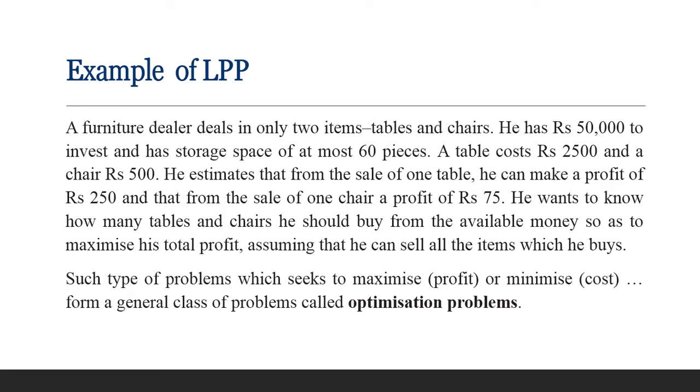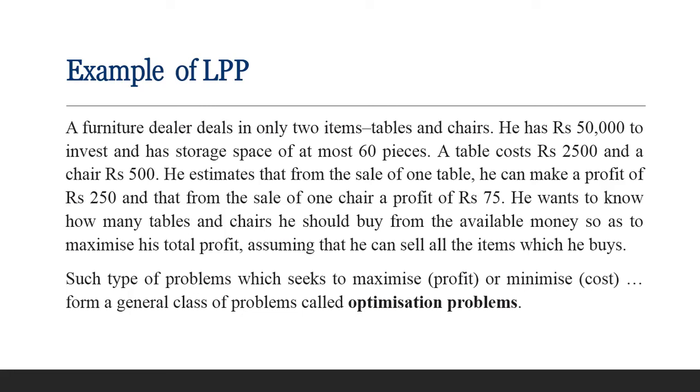Here you have tables and chairs as the products, and the investment money is 50,000. That is the maximum 50,000 he can invest, and also he can store up to a maximum of 60 pieces. That is, it should be 60 or less than 60.